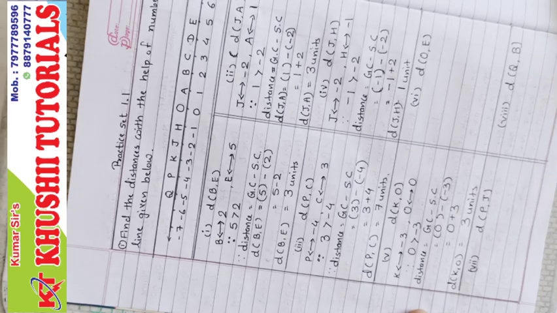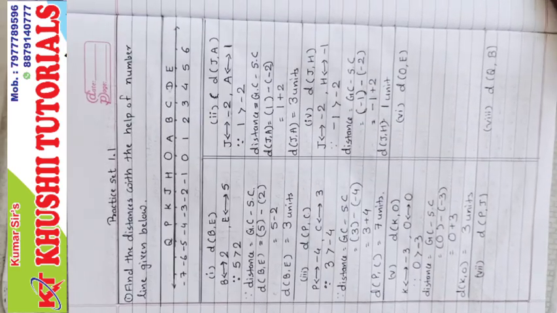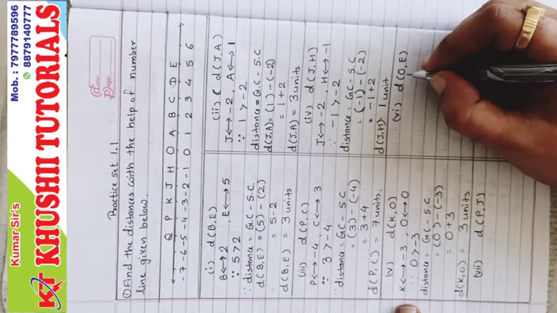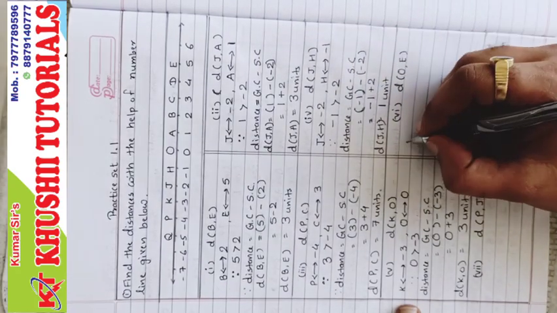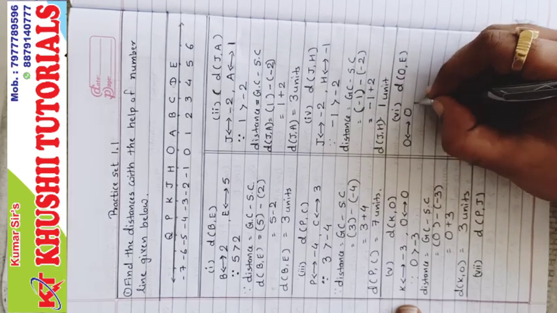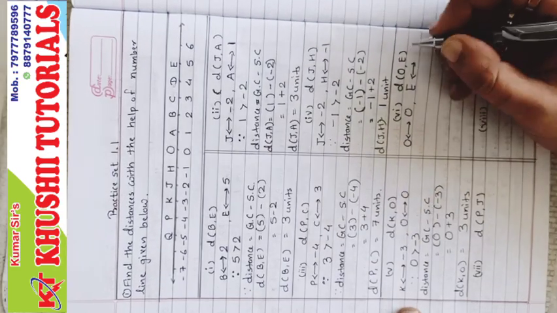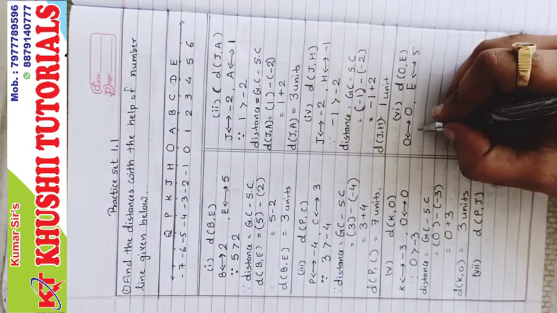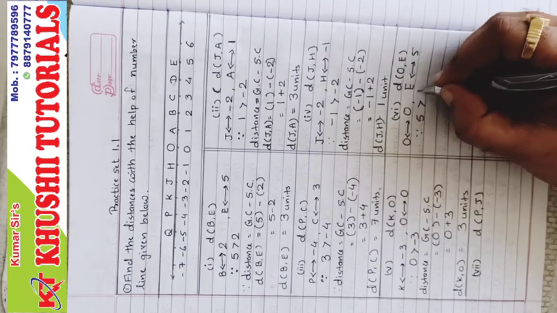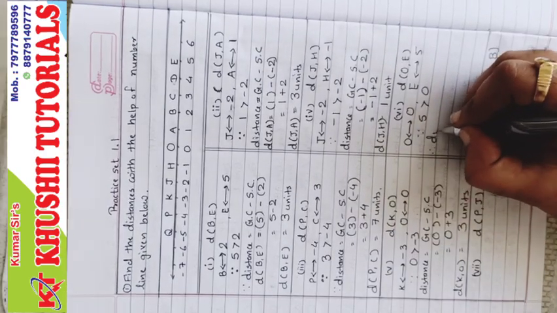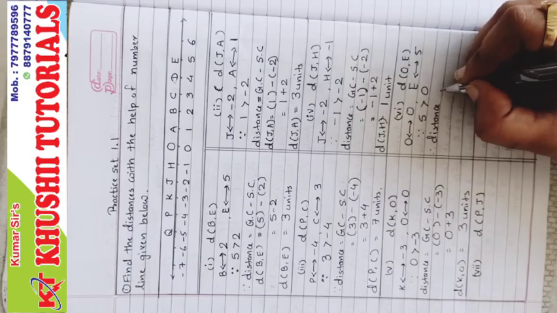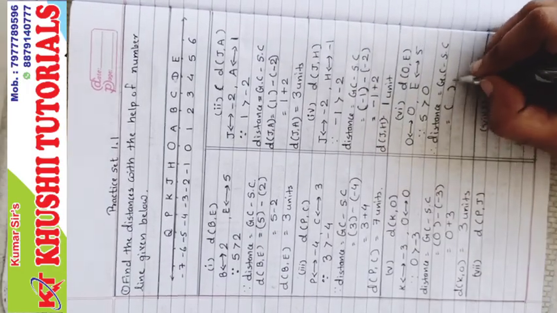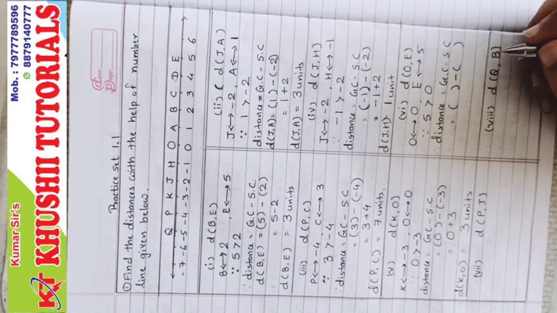Next, the sixth one. Distance O comma E. So the O coordinate is 0 and the coordinate of E is 5. Now comparison. Definitely the positive number is greater. So since 5 is greater than 0, therefore distance equals greater coordinate minus smaller coordinate. Don't forget to put brackets.